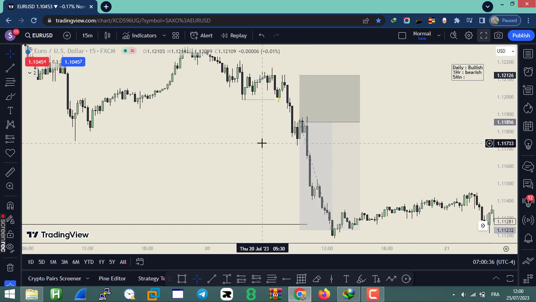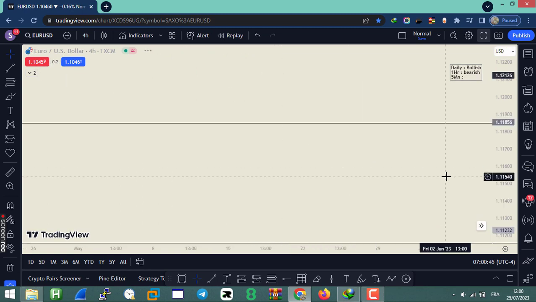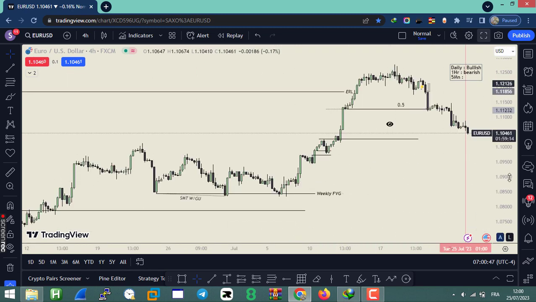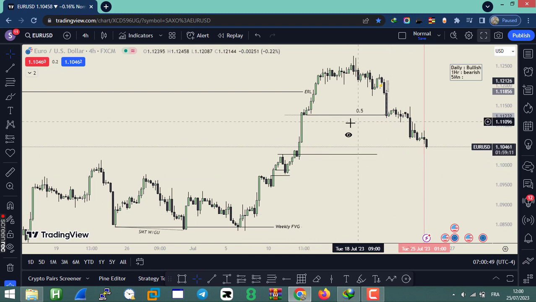Now, let me remind you that we are not taking a short position just because we have a market structure shift. We are taking a short position because, as you can see on the 4-hour chart, we have this huge fair value gap right here. This is the daily, and we took external range liquidity from here, right? And we are anticipating a retracement to this fair value gap right here.